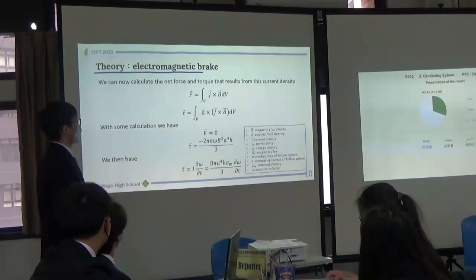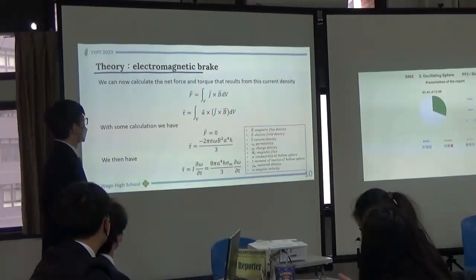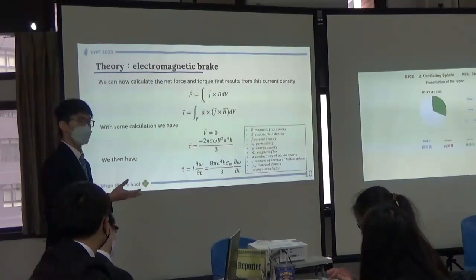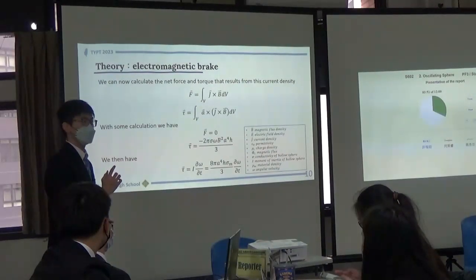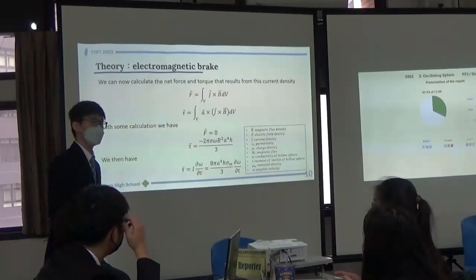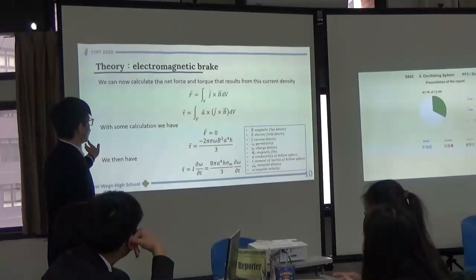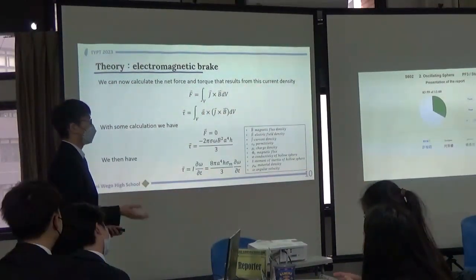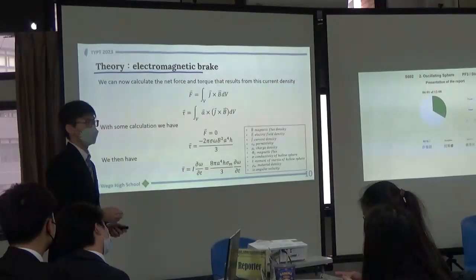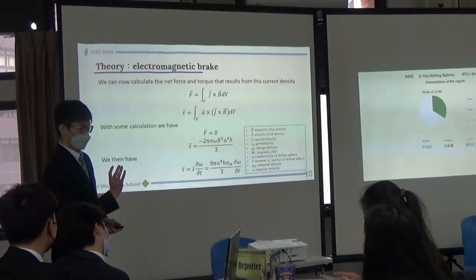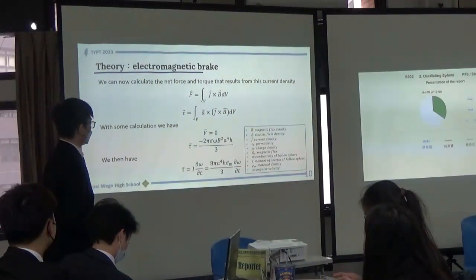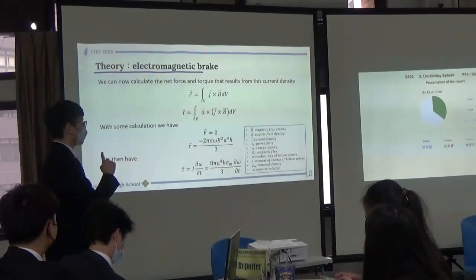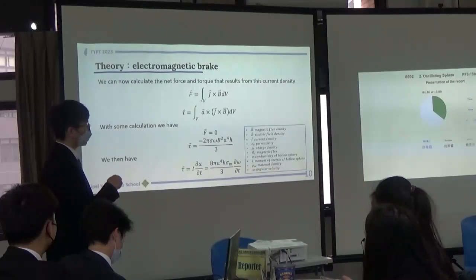Now we're talking about the force and the torque. Since we're talking about the whole system, we need to use an integral to calculate the force and the torque. With some calculation, we get that the net force on the sphere is 0, which is quite reasonable since the sphere is not moving around, it's only rotating. We get the torque as the equation down here, which equals the moment of inertia times the angular acceleration.